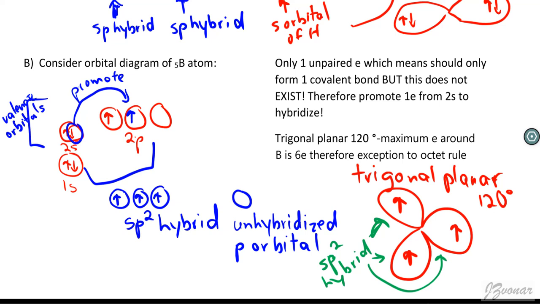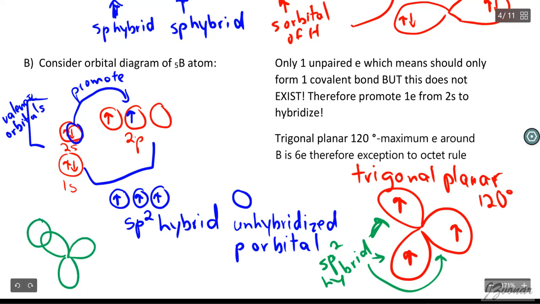Let's draw that quickly. Over here, I've run out of space, and I'm going to overlap it with an s orbital of hydrogen. What you're going to see here is two electrons, one that came from the s orbital of hydrogen and one that came from the sp2 hybrid. These form my three covalent bonds. So this is going to result in a covalent bond.